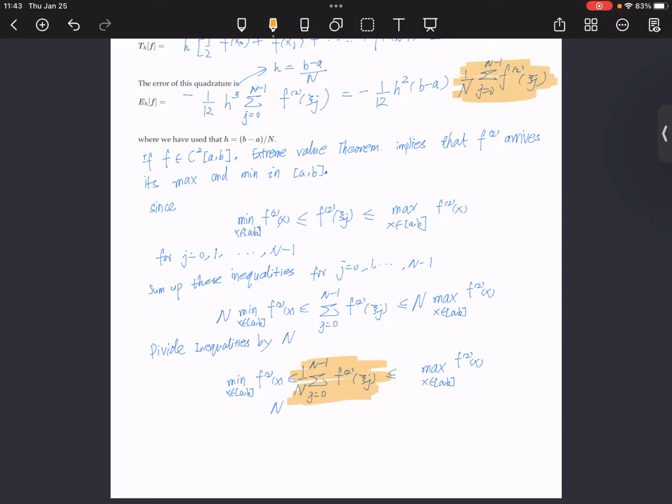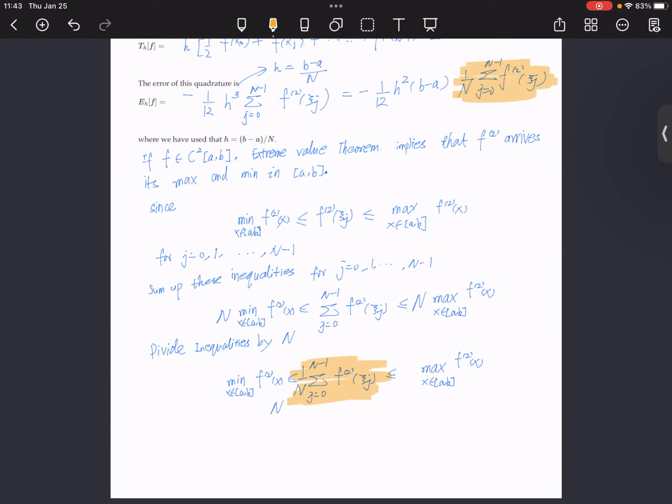And how do we change this term? We have such an inequality here, with the upper bound and the lower bound. We know this value is bounded by these two bounds. How can we say this equals the second derivative evaluated at some c on that interval?